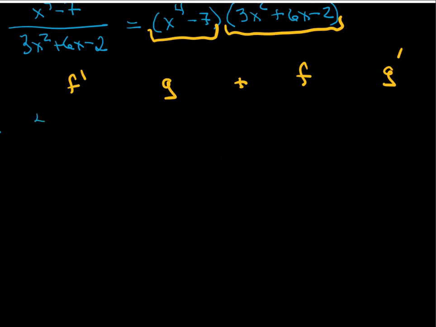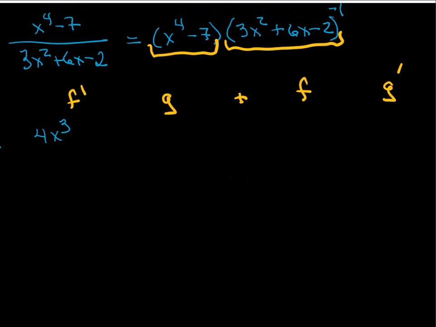This is going to be 4x to the 3rd. That's the derivative of the first part. The second part stays the same, 3x squared plus 6x minus 2 to the negative 1. Just copy it down again. Plus, and I'm going to save some space because I've learned coefficients start coming out of here. I'm going to write my x to the 4th minus 7.